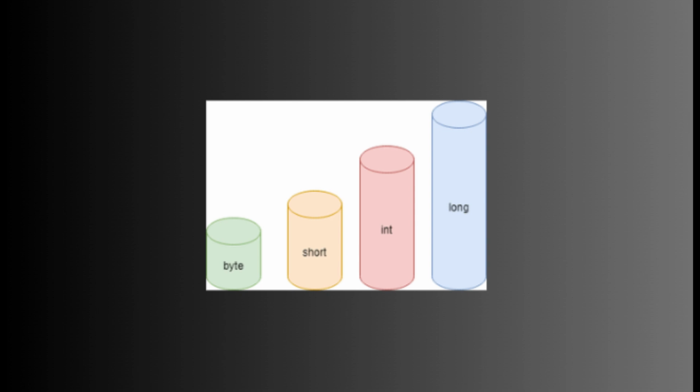So the number of bits that our byte data contains is 8 bits. The second one is short, which is a little longer than byte, so the short data type contains 16 bits. The third one is our integer int data, which stores 32 bits. And the fourth one is long, which is larger than the other three, and it stores 64 bits of data.